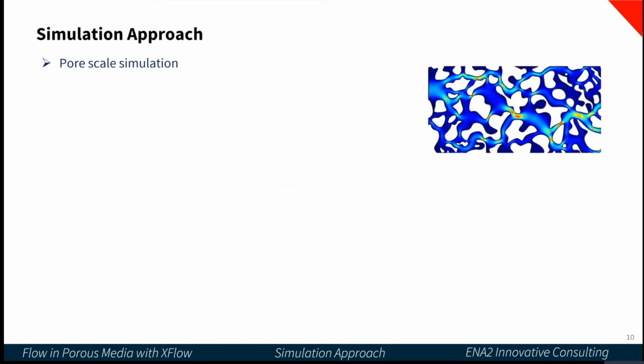Two approaches to simulate flow in porous medium. First, pore scale simulation. In the pore scale simulation, we have the topology of the object. We know where the void is, where the solid or the matrix is, and solve the equation, either the Navier-Stokes equation or the Lattice-Boltzmann equation, in the fluid that is flowing in the void region.